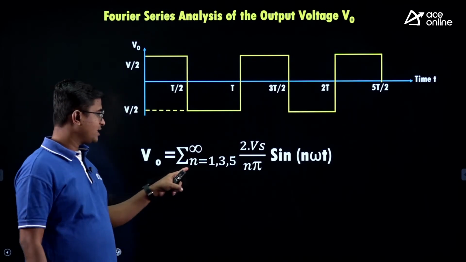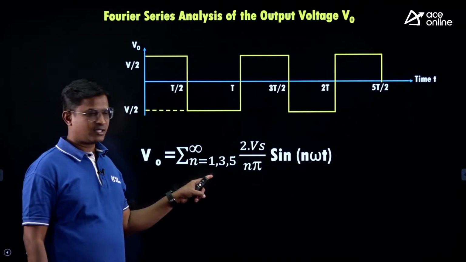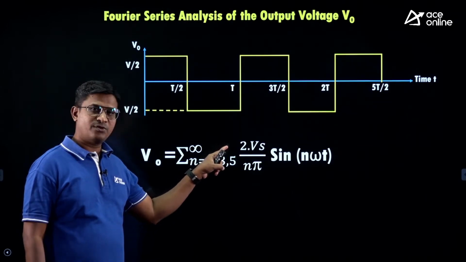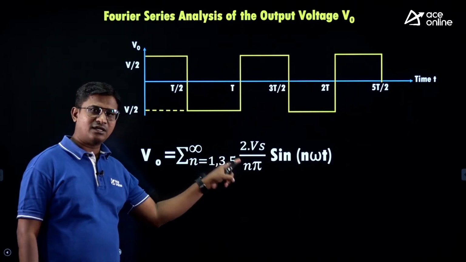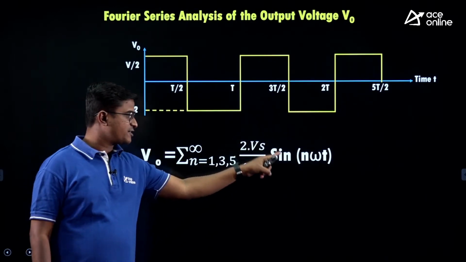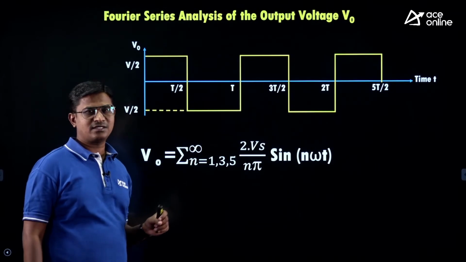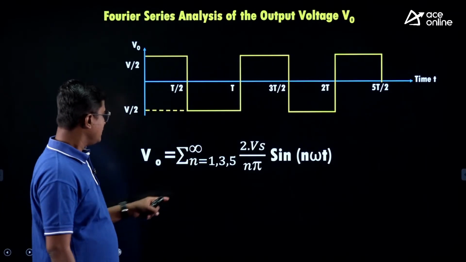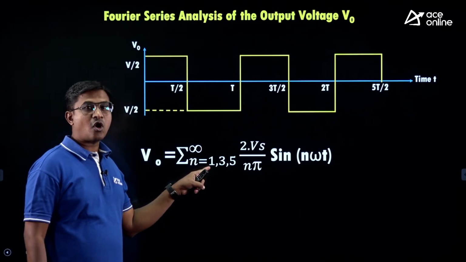The important points are the summation over n equal to 1, 3, 5, 7, 9, 11, 13 up to infinity, and we have this expression. What does this indicate? It indicates my output voltage has only odd harmonics.